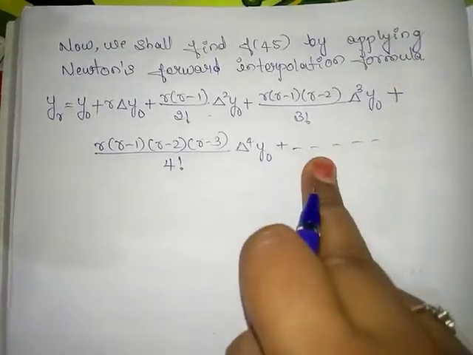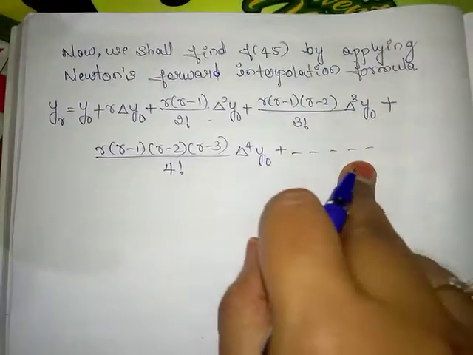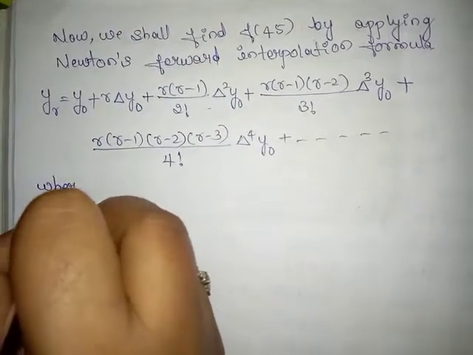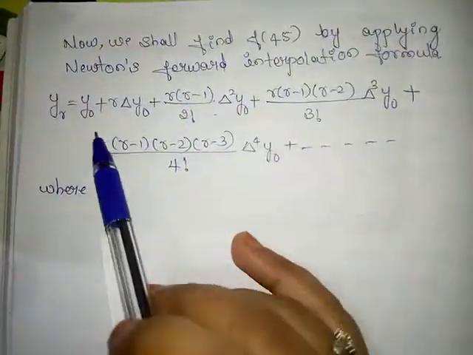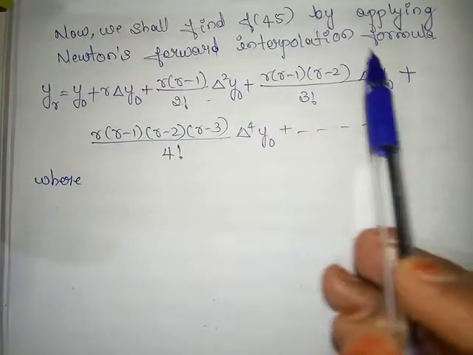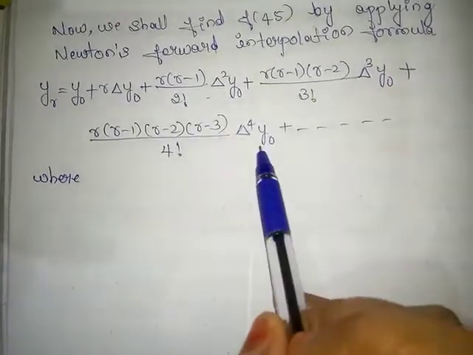Here we must write plus and so on, where from the difference table we have the values of y naught, delta y naught, delta square y naught, delta cube y naught, and delta raised to 4 y naught.